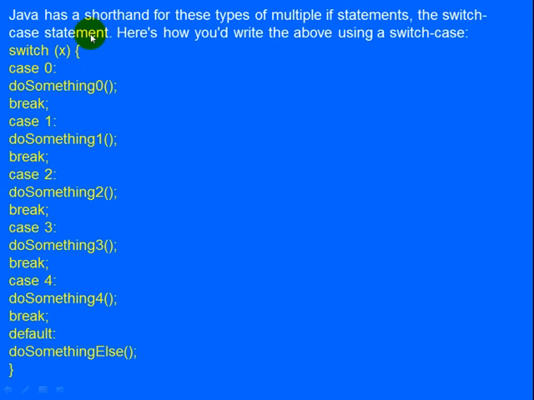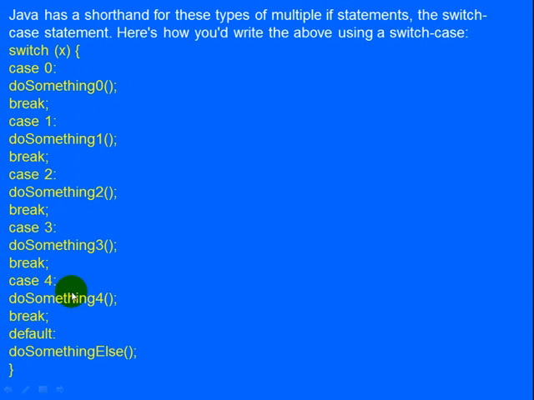That is the switch case statement. The syntax is we have switch x. X is the variable whose value is being tested with different cases. If the value of x equals 0, then we have the first set of statements. If the value of x equals 1, then we have the second set of statements, and so on.